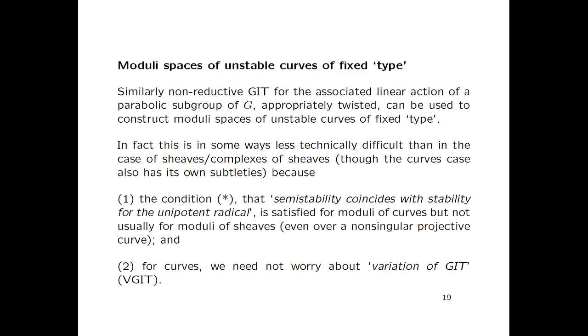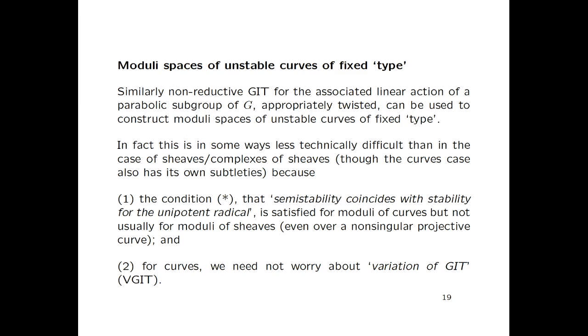Whereas for the sheaves or complexes of sheaves of fixed Harder-Narasimhan type, that's certainly not the case. So you expect to have to do lots of these blow-ups before you get a nice quotient, which you don't have to do for curves. And also for curves, there's no particular need to worry about variation of GIT, as I said.